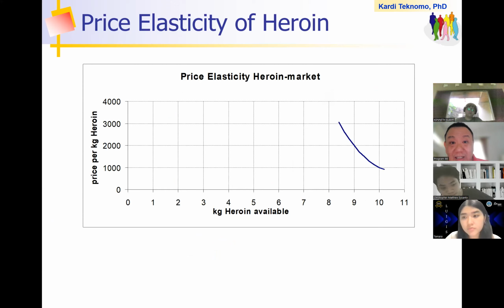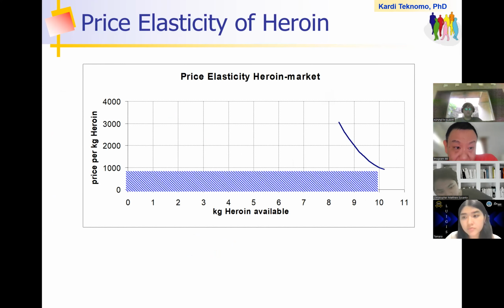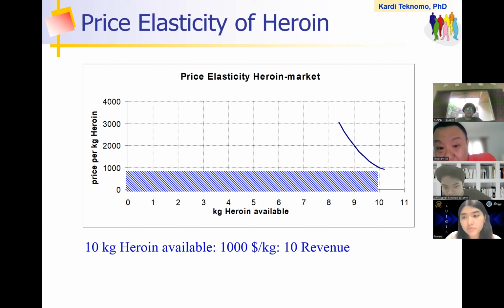This is the price elasticity of the heroin. When the heroin available is, say, for example, 10 kilograms, the price is 1,000. So what is the revenue? 10 kilograms of heroin available at 1,000, so say the revenue is 10.